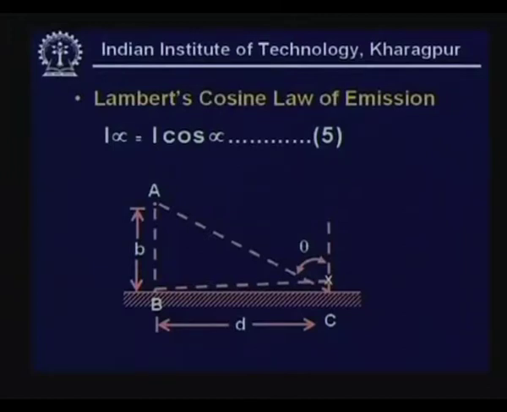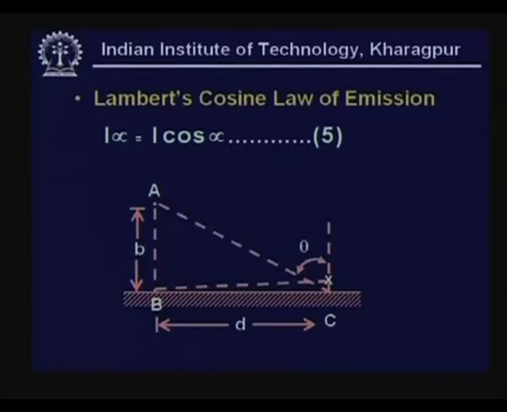Now observe, when we move to the point C, the radially outward light rays are inclined to the normal axis, and therefore normal light flux would no longer be I, but it will be I cos theta. Theta is the angle subtended by the radial output from the source and the normal axis to the point of observation.